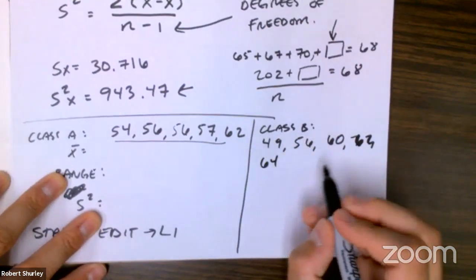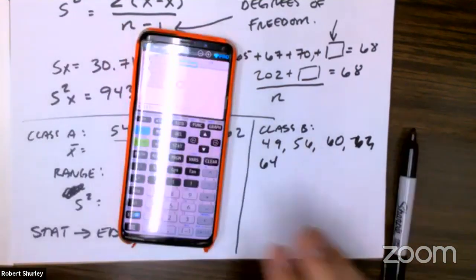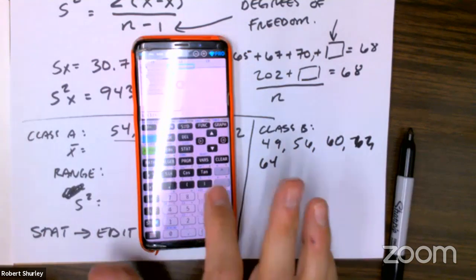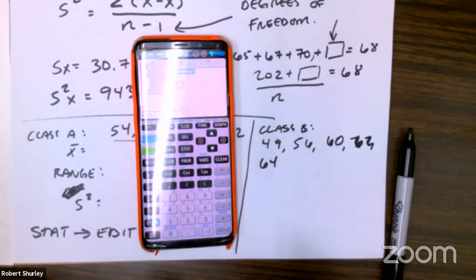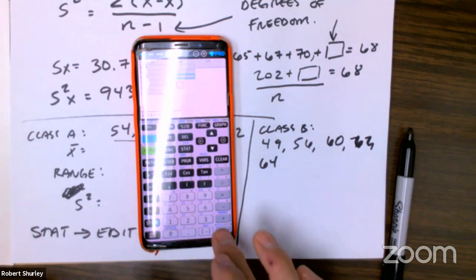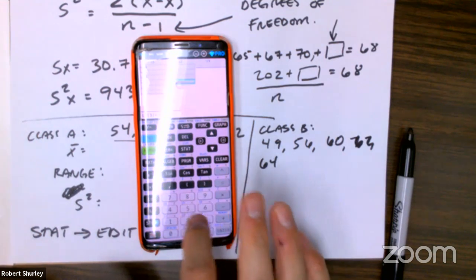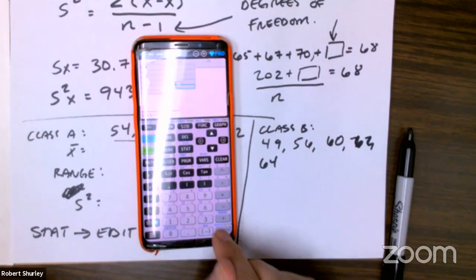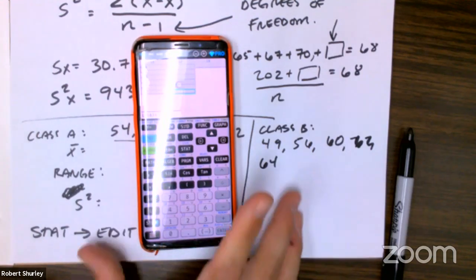Why not? Okay. So if I go back in here, I'm going to go over to list 2 now, and I'm going to make this group. So I'm going to say 49, enter, 56, enter, 60, enter, 62. That's not a 72, that's 62, and then 64. Enter. Okay. So I've got my 2 lists here.